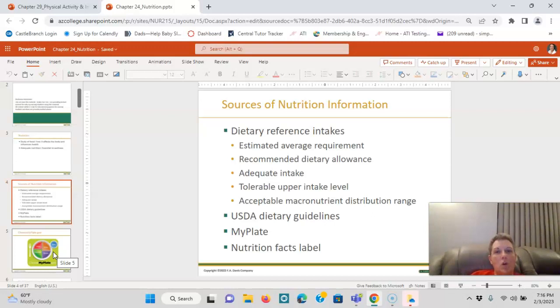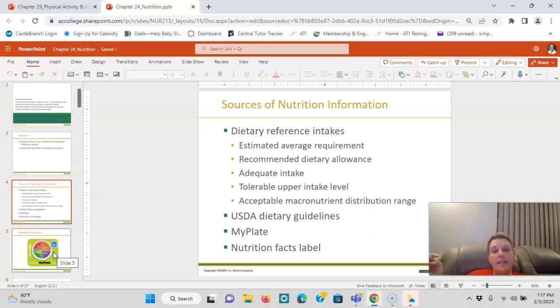Okay, so dietary reference intakes. You should know the estimated average requirement of things, the recommended daily allowance of things. So if I were to say vitamin C, what's the recommended daily allowance of vitamin C? Okay, you should know those.